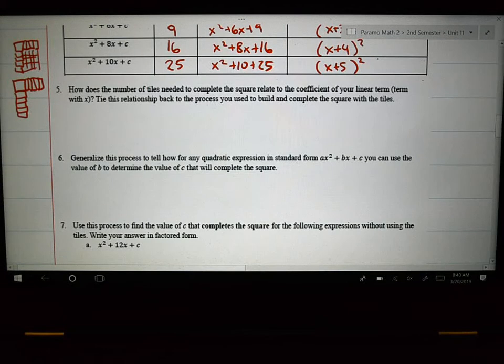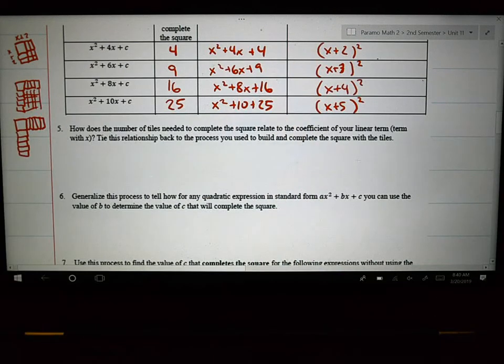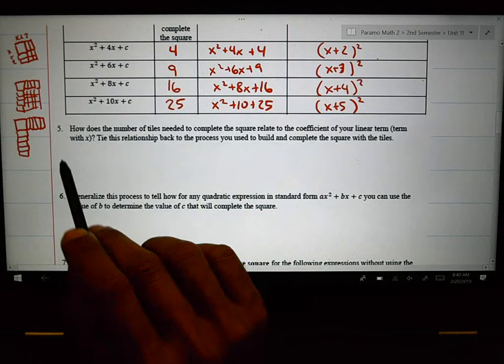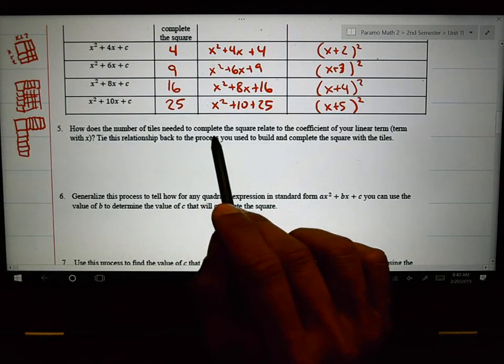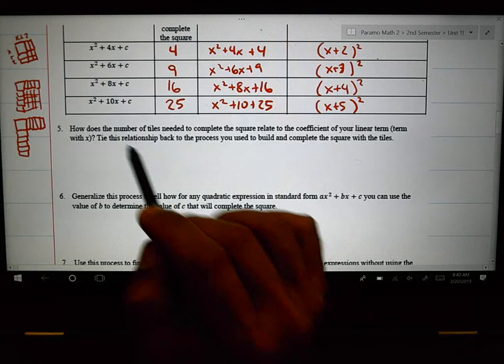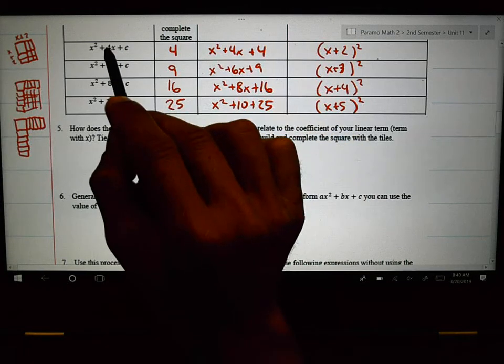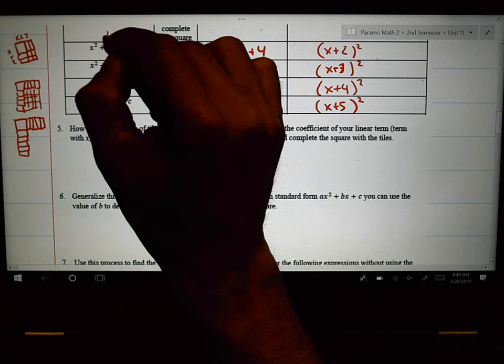Then they're going to ask you some deeper questions. The questions are deeper because it's not just, hey, you see a pattern, but can we generalize it? How does the number of tiles needed to complete the square relate to the coefficient of your linear term? How does this relate to this number? That's what they're asking.